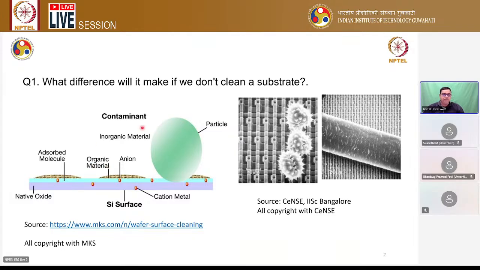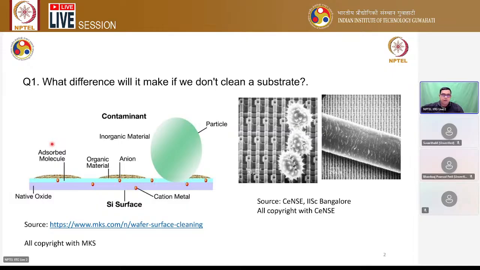Then you have a number of inorganic materials, a number of cations and anions at the silicon surface, and along with this you have various adsorbed molecules. These adsorbed molecules are of course donated by the ambient in which this wafer is kept. And along with this you have some bigger particles also in the form of dust and other things.